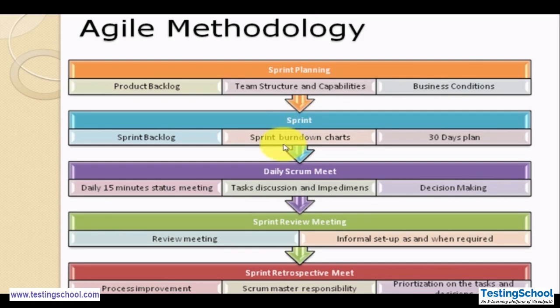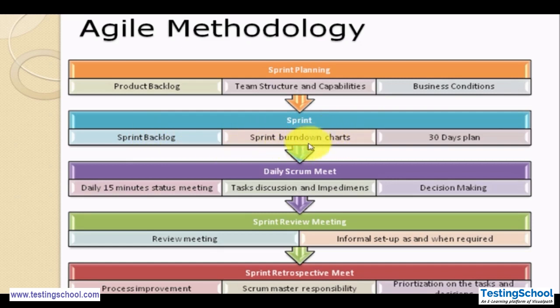A sprint could be 2 weeks, 3 weeks or 4 weeks max. In the sprint, we have the sprint backlog, which covers the functionalities we are going to deliver in the current sprint.